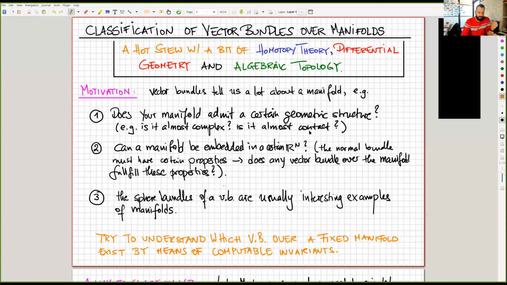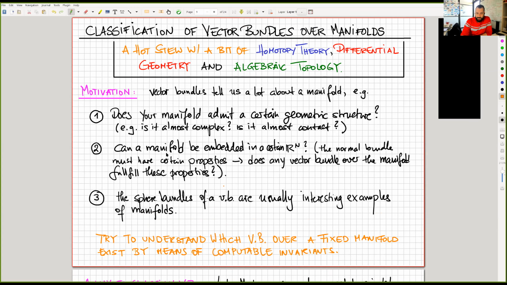So if you have a tangent bundle and you know there is a complex vector bundle such that its realification, meaning you exchange the fiber from C^n to R^2n, is your tangent bundle, then you found an almost complex structure on your manifold, which is interesting because it's an additional structure. I think almost complex structures in general are very interesting. The same game you can play for almost contact and other geometric structures. So this is maybe one reason why to study vector bundles.